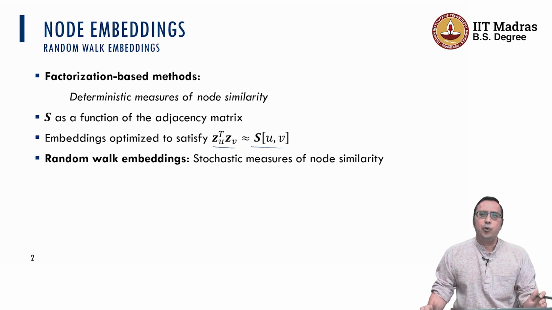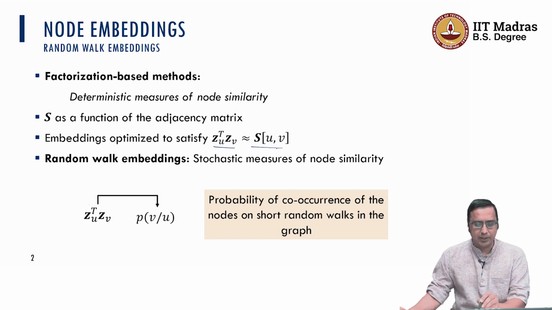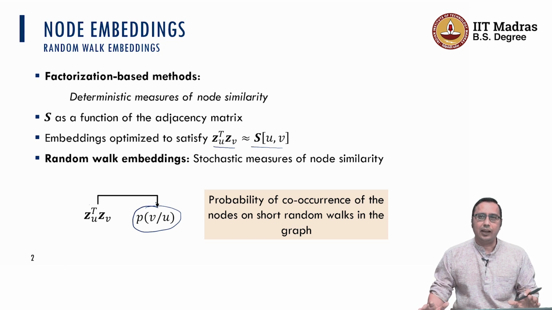Now we are going to look at the other class of methods called random walk based embeddings, where instead of using deterministic measures of node similarity, we are trying to use stochastic or probabilistic measures of node similarity. Instead of having a deterministic quantity like the adjacency matrix, we are trying to see the probability of co-occurrence of the nodes in the network based on some short random walks in the graph.